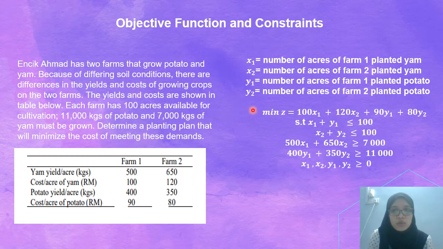So our constraint becomes 500 x1 plus 650 x2 is bigger than or equal to 7,000. And for the potato, 400 y1 plus 350 y2 is bigger than or equal to 11,000 kg. And then we put our sign restriction, which is x1, x2, y1, y2 is bigger than or equal to 0.